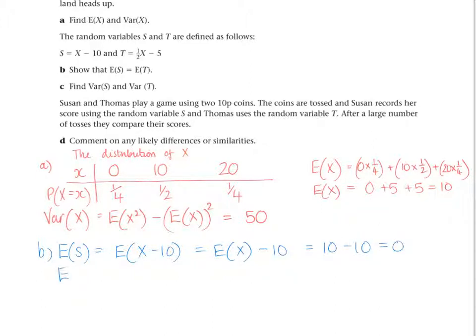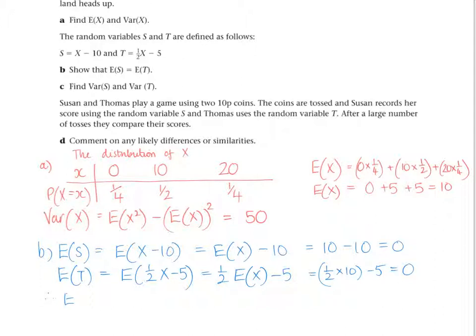If we work out E of T, it's the same as the expected value of a half X minus 5. So that's going to be a half of E of X minus 5. So that equals a half times 10 minus 5, which is also equal to 0. So therefore, we've shown E of S does actually equal E of T.